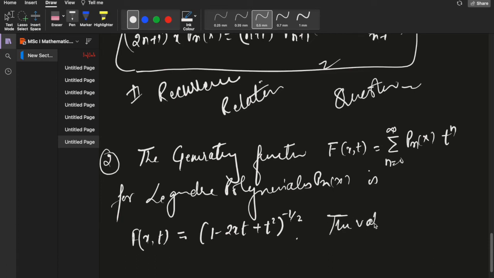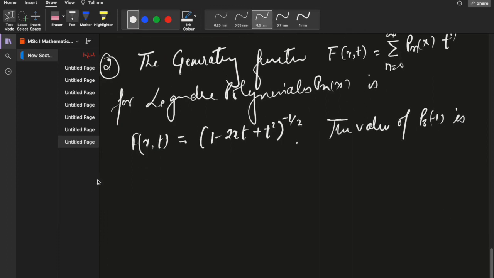The value of P3(-1)? Options are given. Option A 5 by 2, option B 3 by 2, option C 1, option D minus 1.